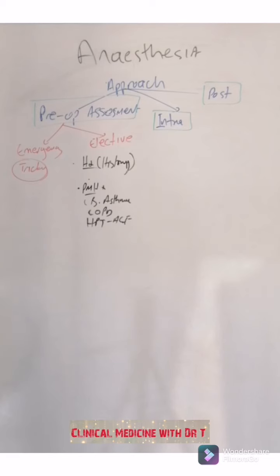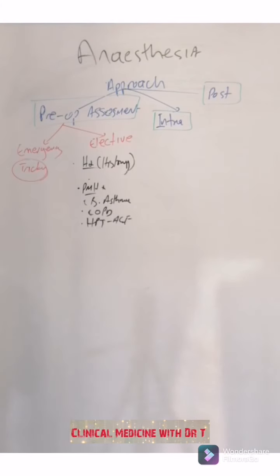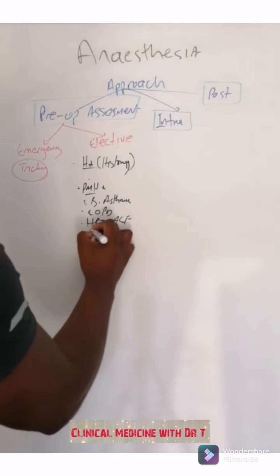Remember, anesthetic drugs cause the blood pressure to drop. Now it's even worse when you've got an antihypertensive that is dropping the blood pressure as well. So I'm not gonna mention everything, guys, obviously, but yes, you also want to know if they're diabetic.